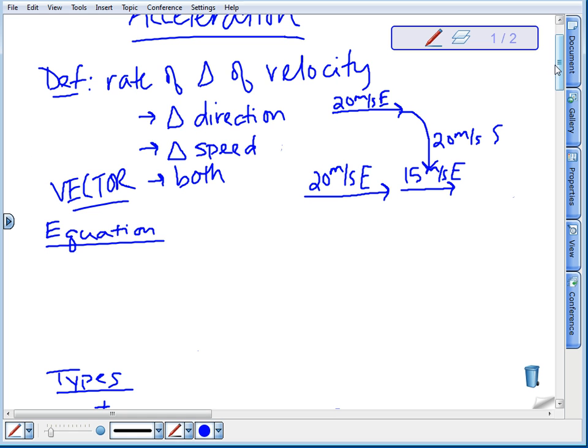The equation for acceleration. The simple version is the change in velocity over the change in time. To get the change in velocity, we're going to take our final velocity and subtract our initial velocity, so the velocity when we started. To get our change in time, we take our final time and subtract our initial time.